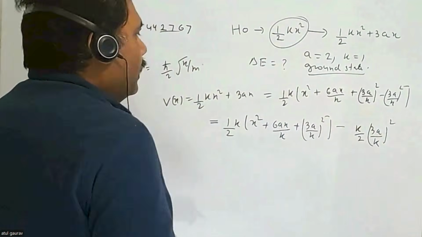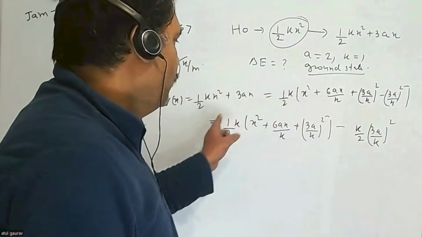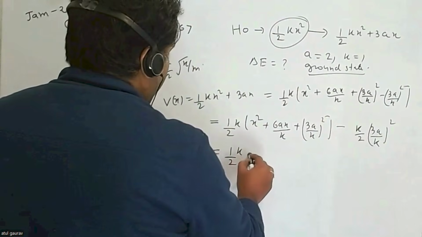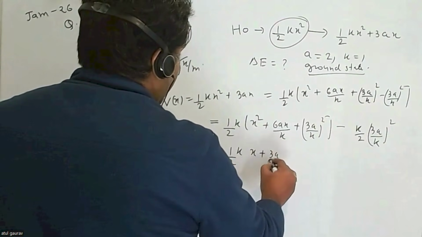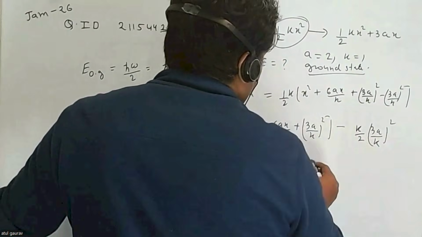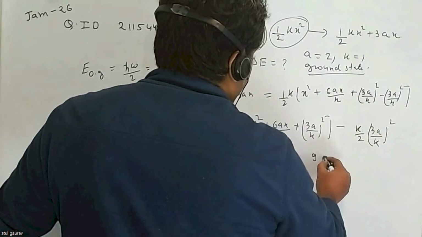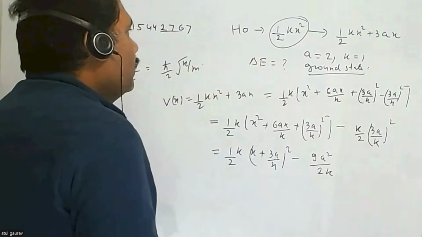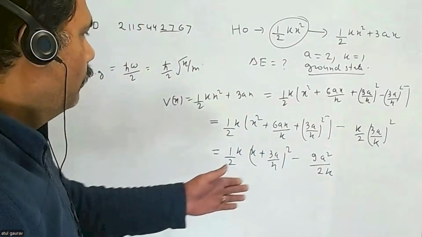So this is the term we can have. So this will be completely parabolic in nature. So that value is half k, x plus 3a by k whole square, minus this whole thing, which is given by 9a square by 2k.